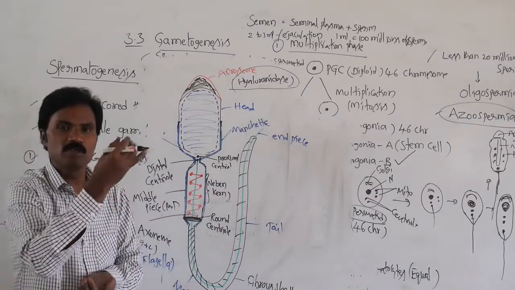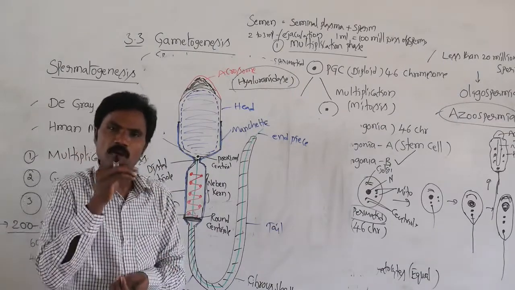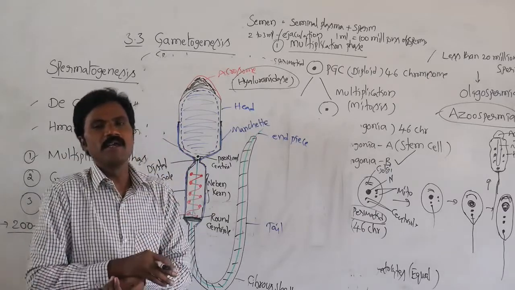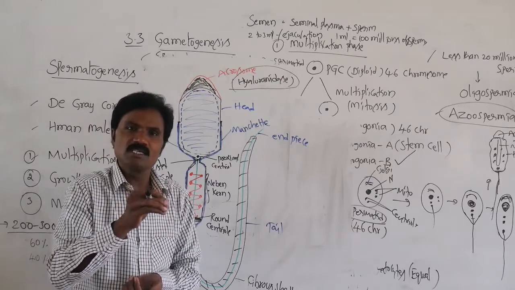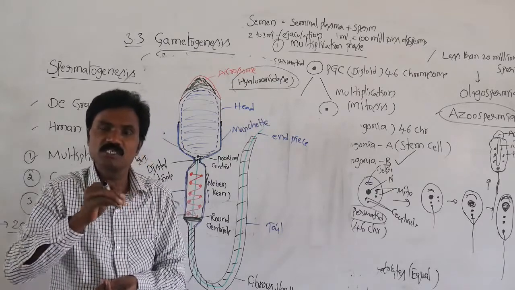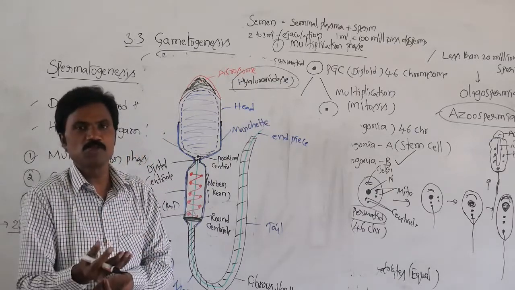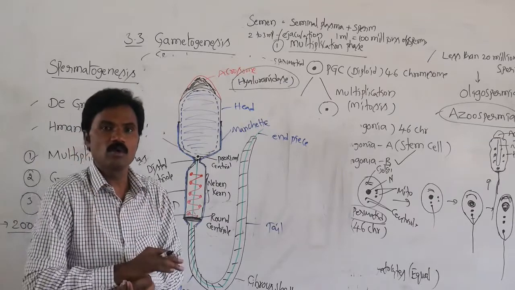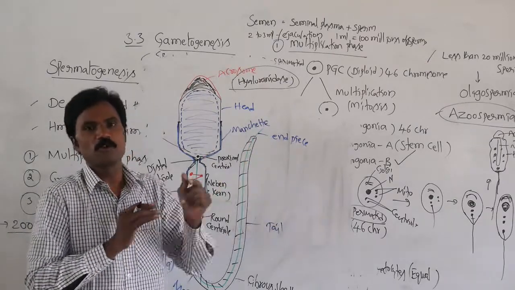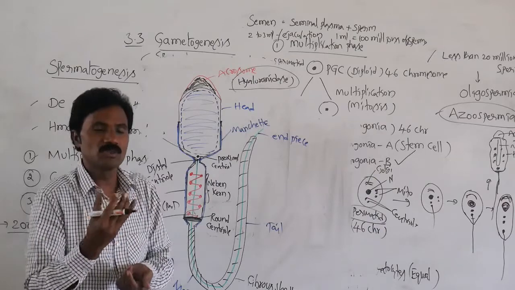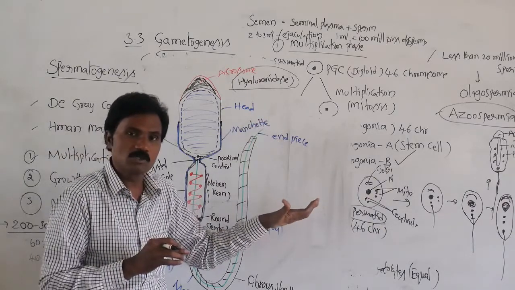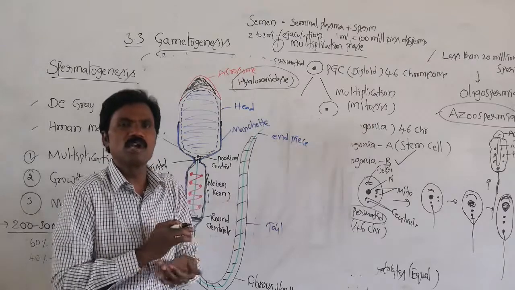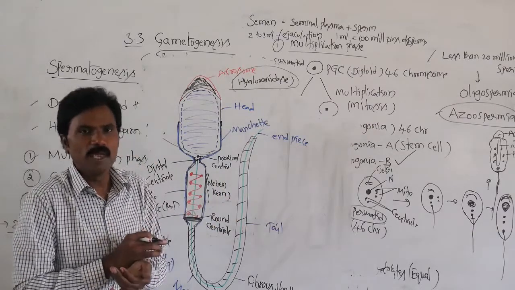Apart from this, LH stimulates the Leydig cells, which synthesize and secrete androgen, that is testosterone. It also plays a vital role in completion of the process as well as in secondary sexual characters. Absence of testosterone is also one cause of male sterility.